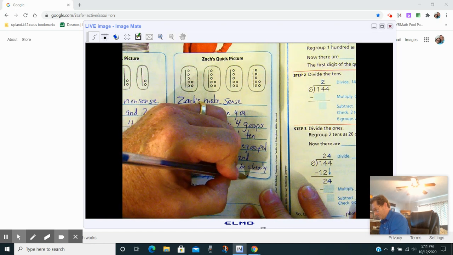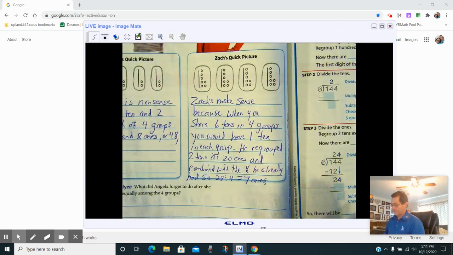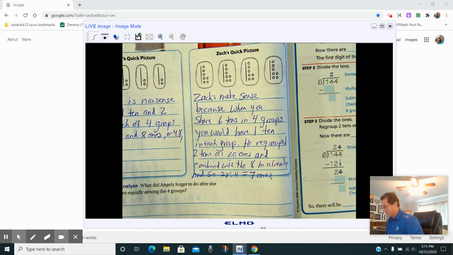Number 9. What did Angela forget to do after she shared the 10s equally among the 4 groups?